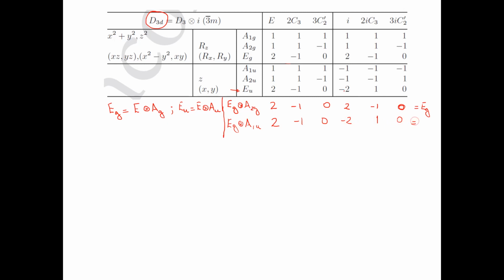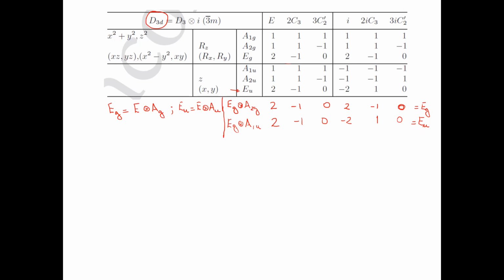You can see that this is essentially the EU representation, right? So it's an odd representation. This is something that we're going to see many times in the future. When you have the product of two even representations, the result is also an even representation, or a combination of even representations.